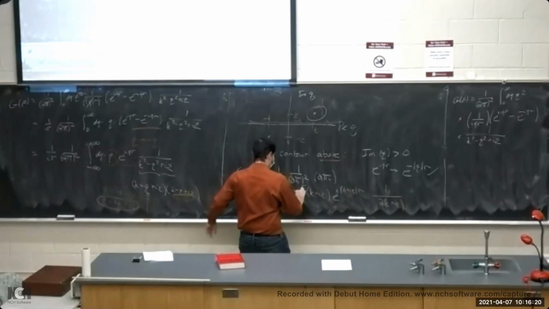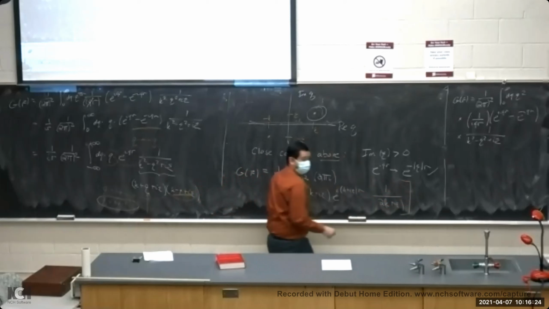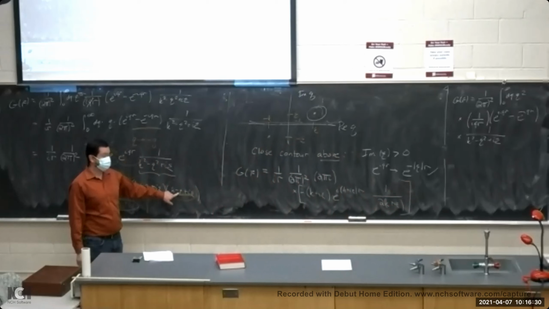It may not be obvious from the way that it's written here, but I also get a minus sign, because the formula for the residue has q minus the pole value. Because we had minus q here, and q is the thing we're picking up the residue of, there's a minus sign.